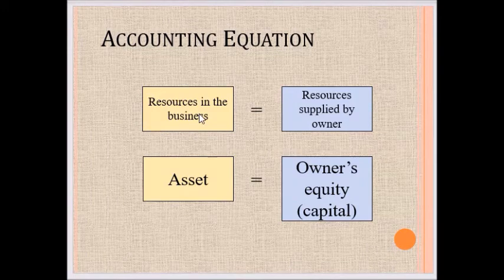Okay, so next in this slide, you can see that resource in the business equals asset, and resource supplied by the owner is owner's equity. So when you say supplied by the owner, it's capital, modal business lah.